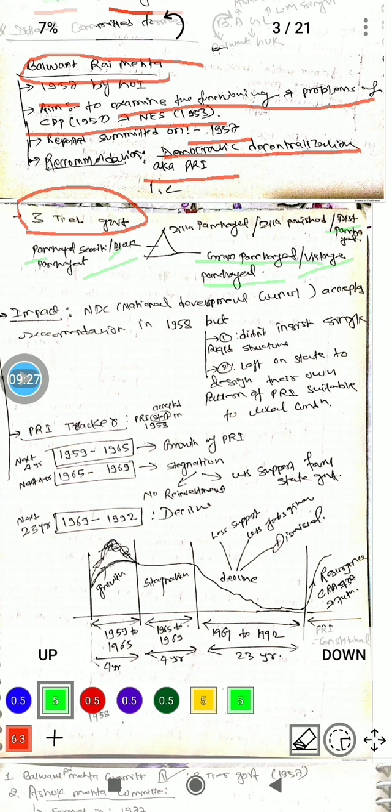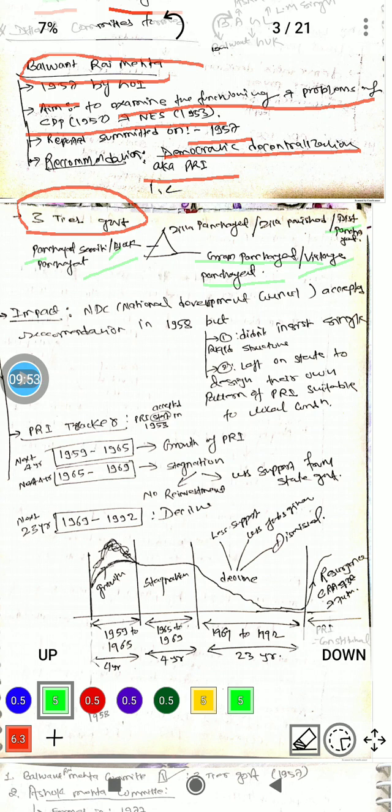This was the three-tier government suggested by the Balwant Rai Mehta committee, which was formed to review the functioning and problems of the CDP and NES. So what was the impact of this recommendation?